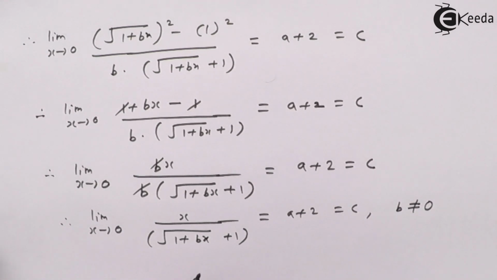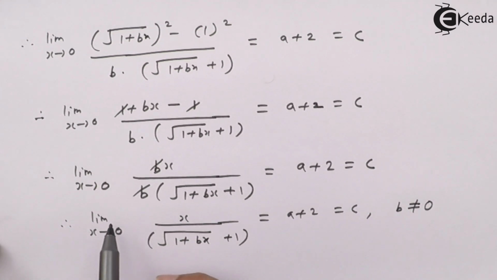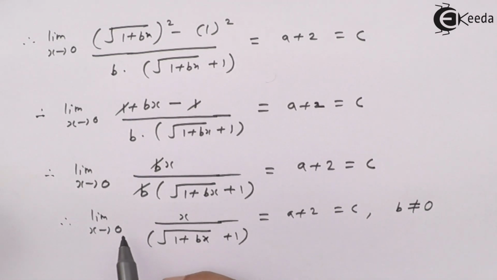Since we cancel b from the numerator and denominator, the condition on b should be not equal to 0.